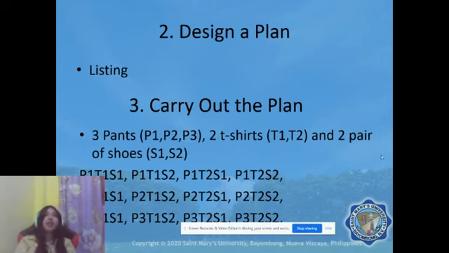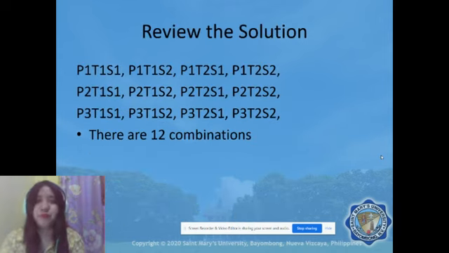So the formula here is 3 times 2 times 2, which is 3 times 2, 6. 6 times 2 is equal to 12 combinations. So it depends. If you cannot recall that formula, then you can go back to the listing method or all other methods that will help you to answer the problem.